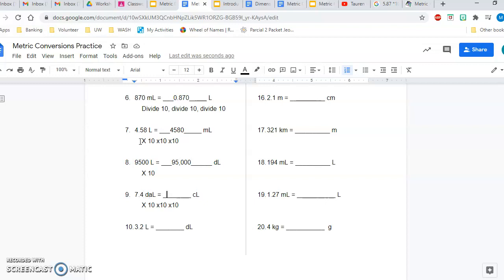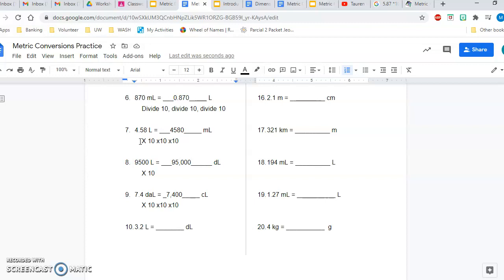We're going to have 7.4. So if I were to move it, it'd be 1, and then let's put it as 0, 2, 3. So we're starting here, 1, 2, 3. Now our decimal point is going to be there, and this will become a comma. So that's how many. So we will have 7,400 centiliters in 7.4 decaliters.